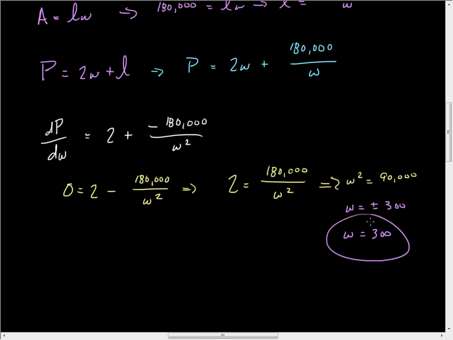All right, now you can go ahead and take the second derivative of this and find out that it is in fact a minimum, and let's go ahead and just do that quick. d2P/dW squared.